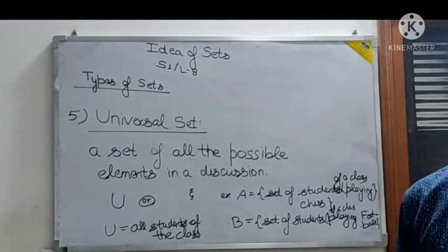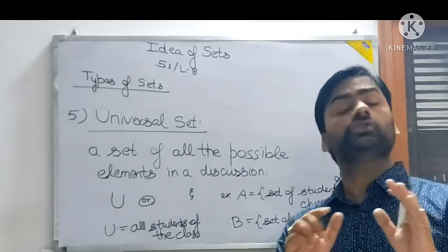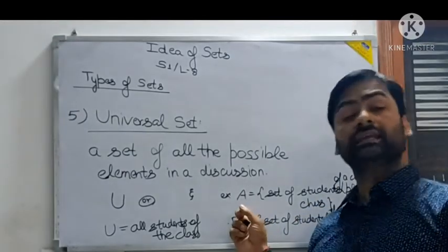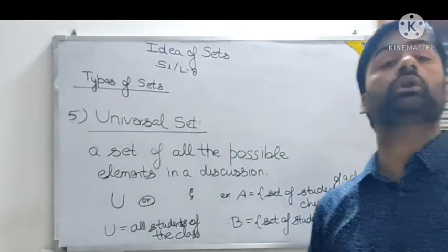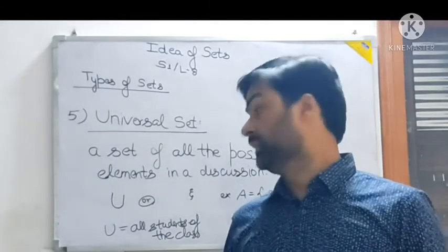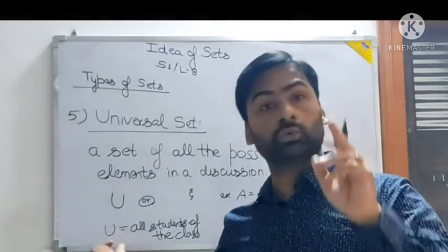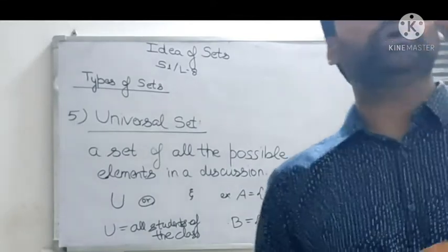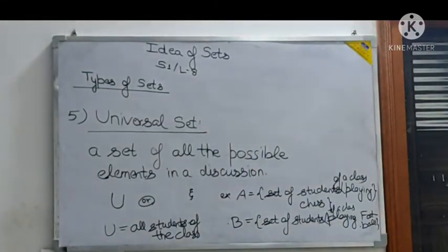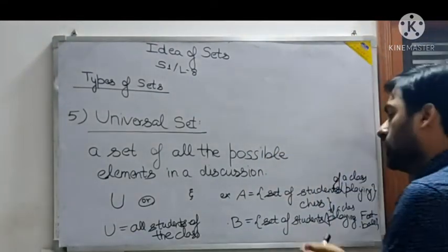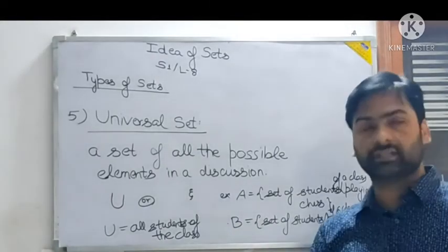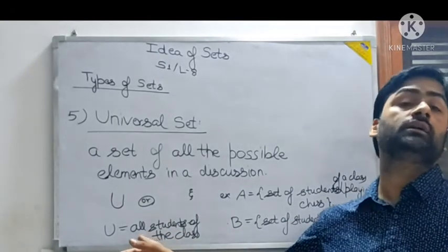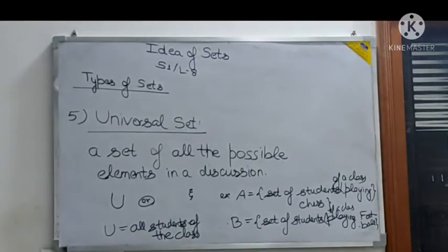Because we cannot be sure that all are either playing chess or football. There might be some students who are not playing chess or football. So they also are included under the universal set. Okay, check my point. When I say in a class there are students who are playing chess, and there are students who are playing football, there are two types of students, but there might be some who are not playing any of them. So that also will come under the universal set itself.